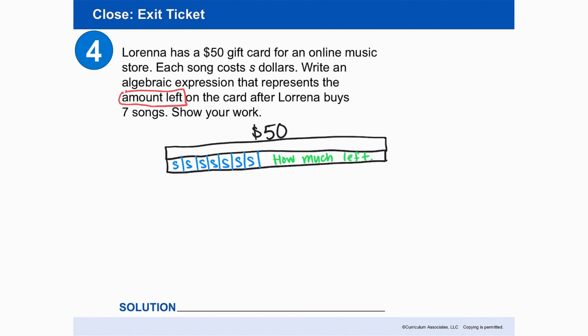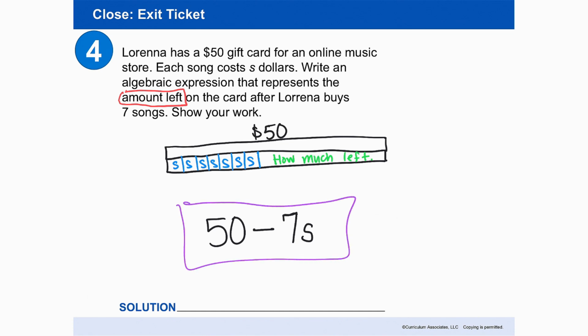Okay, so I can clearly see I'm starting with 50, right? I'm starting with $50. Right? And I've bought how many songs? So how many am I going to take out of this gift card? 1, 2, 3, 4, 5, 6, 7, right? And we're going to show that it's 7S because we're not quite sure how much money she's spending on each of those songs. So that is how we would write our expression.